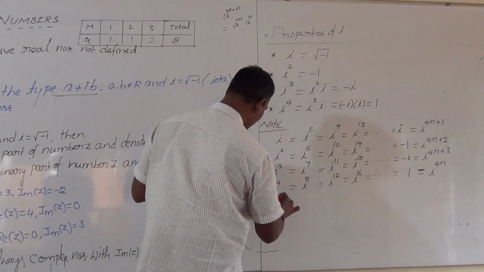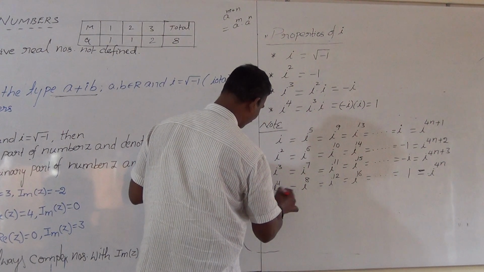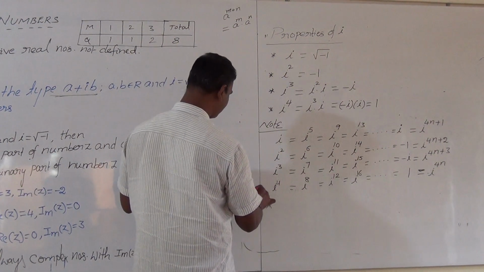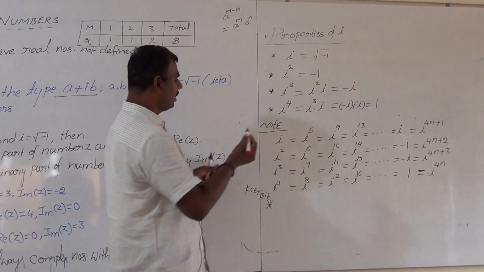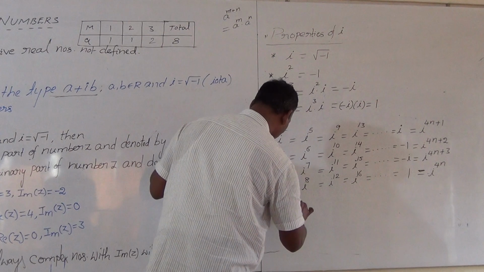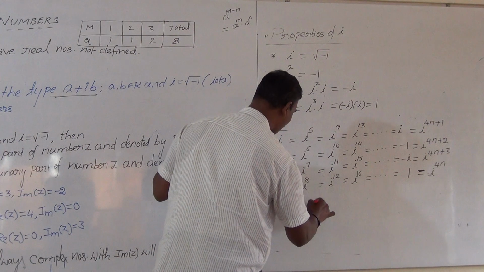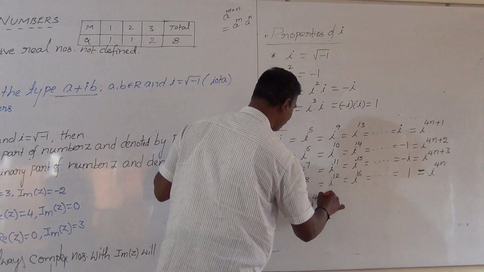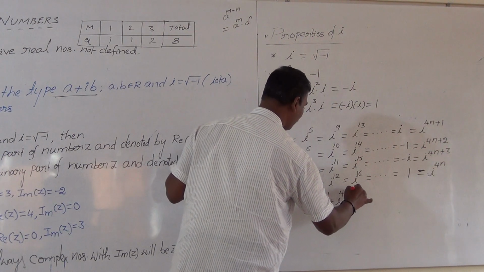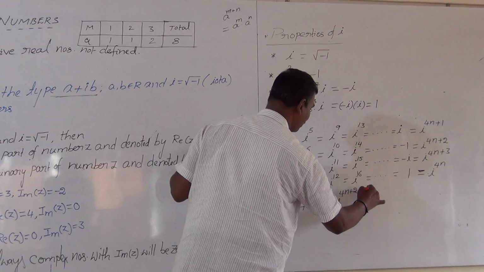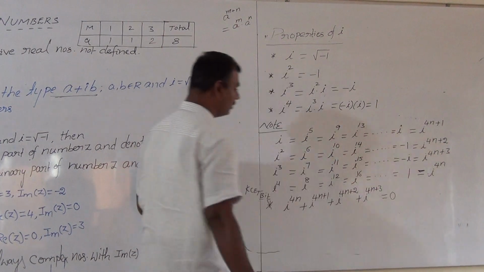Actually, this is an exemplar problem bit, and it has already been asked in exams. What is the important note here? Iota raised to 4n plus iota raised to 4n plus 1 plus iota raised to 4n plus 2 plus iota raised to 4n plus 3 is equal to 0.